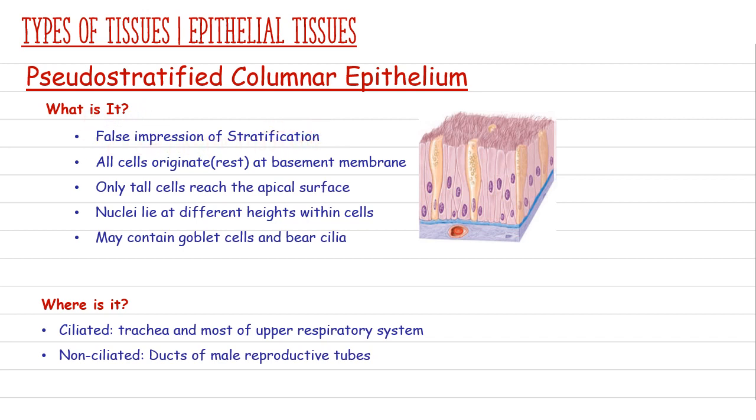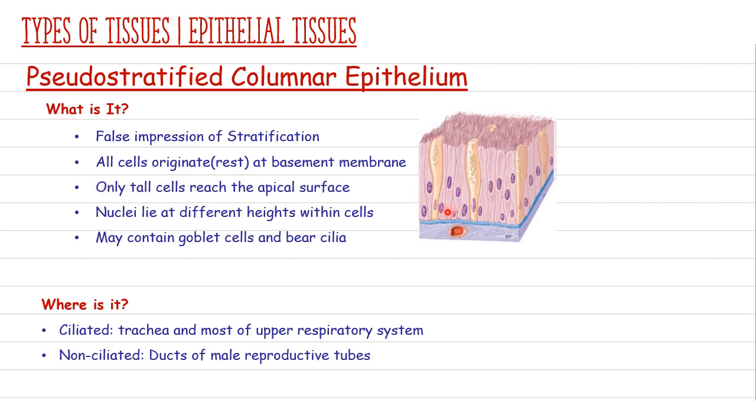If you observe it, as we can see here, you will think, based on the level of their nuclei, that this tissue has cells arranged in more than one layer. But in actuality, these cells are simple cells. So that's why we call them pseudostratified columnar cells.